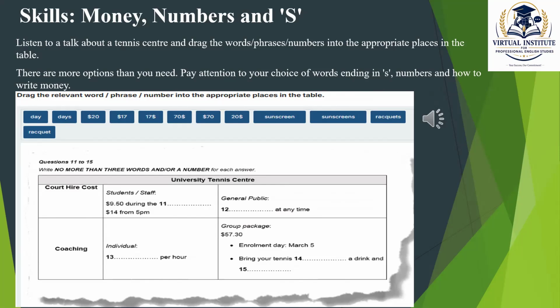The group coaching package costs $57.30, which is quite a bargain. Now, there are 3 levels of group classes: beginner, intermediate, advanced. Plus, there's the university team. If you're interested in joining one of our group classes, come along to our enrollment day on March the 5th, and we'll place you into the right level. When you come, don't forget to bring your tennis racket, some sunscreen, and water.